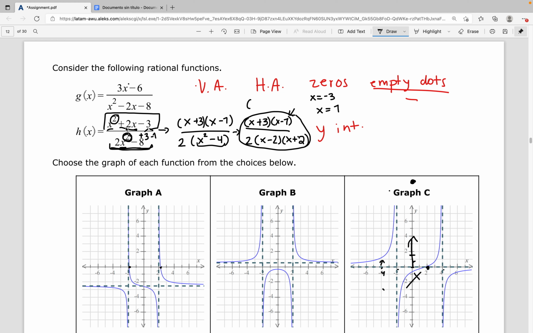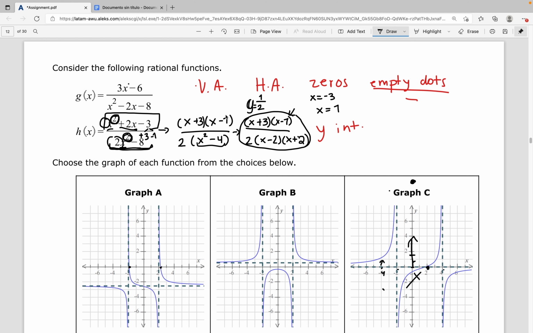And we see they're the same degree, right? The biggest degree is 2 in both sides. So we know it's gonna be whatever is on the left side of this divided by this. So the horizontal asymptote is 1 divided by 2. Okay? Y equals 1 divided by 2.